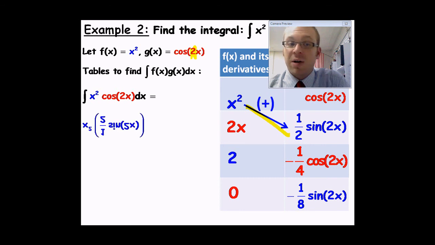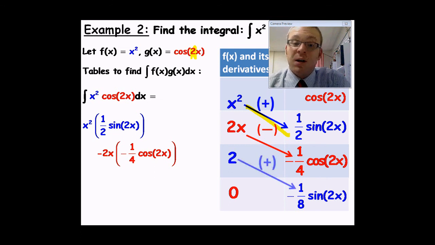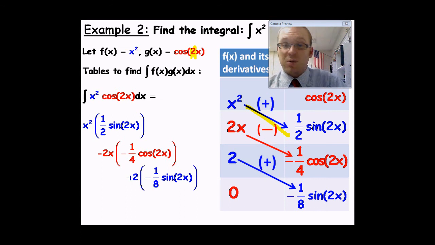Okay, so x squared times 1/2 sine of 2x, and then minus 2x times the quantity negative 1/4 cosine of 2x, and then plus 2 times the quantity negative 1/8 sine of 2x. At this point, just add in your constant of integration, and you're all set.